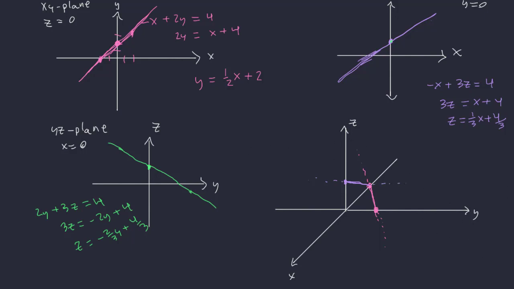Okay, and then in green, we have on the yz plane this line, and the way it's actually drawn here, I can just copy here.